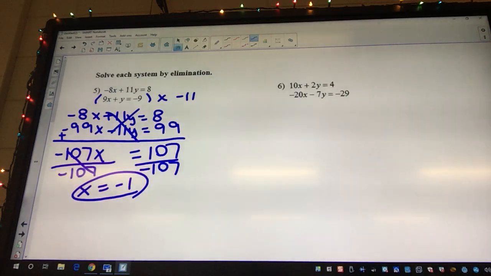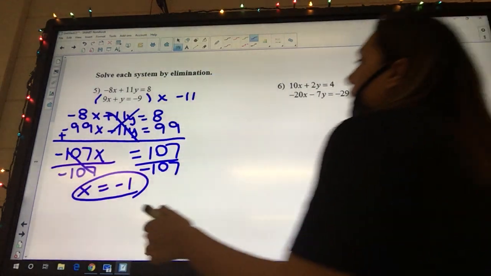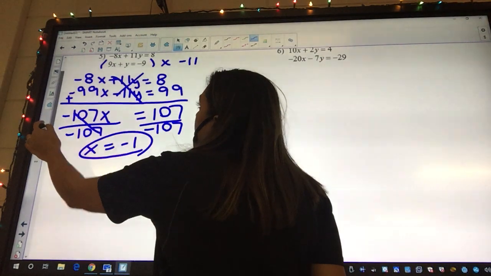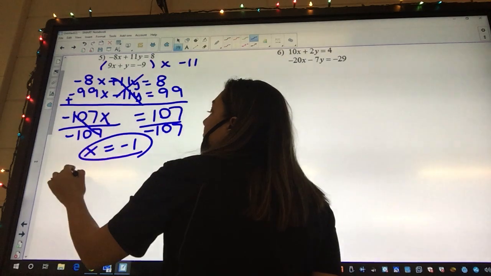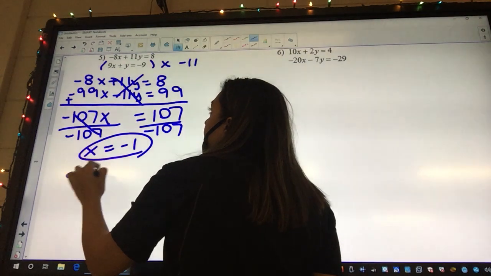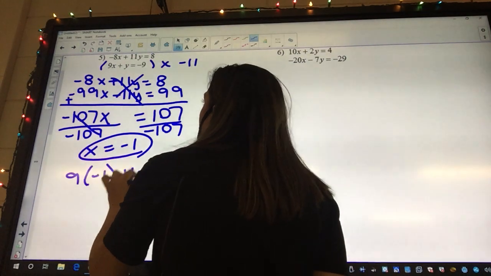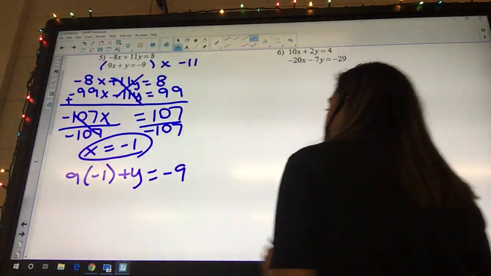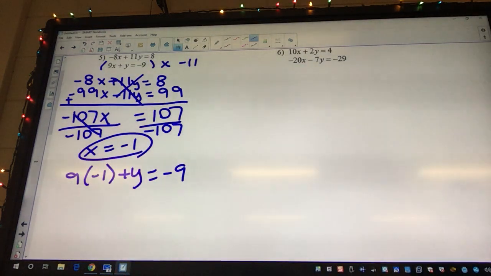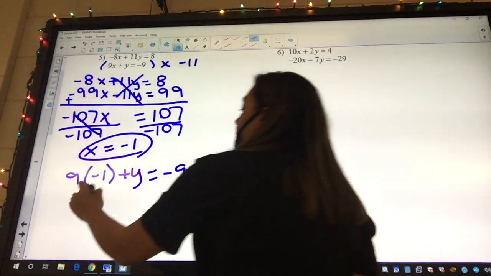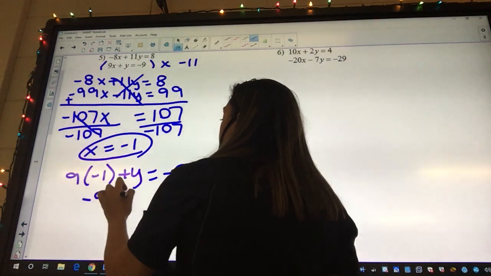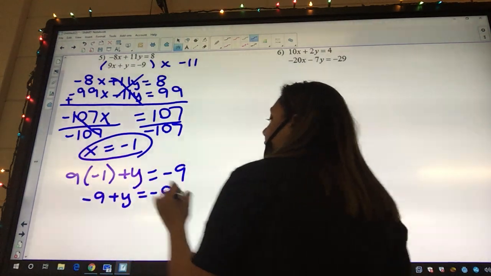Where do we plug that back into? It doesn't matter which one. Okay? So, pick one, put it in there. I'm going to use the bottom one. If you're working ahead and you did the top one, you're still going to get the same answer. So I got 9 times negative 1 plus y equals negative 9. Okay, so I'm going to have negative 9 plus y equals negative 9.